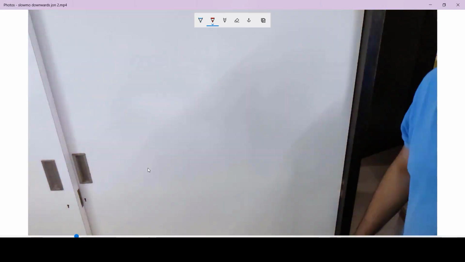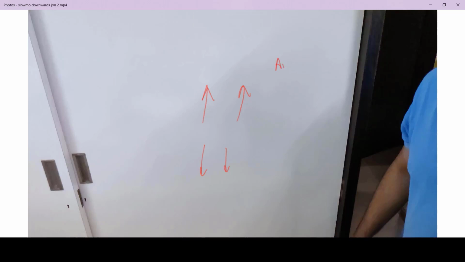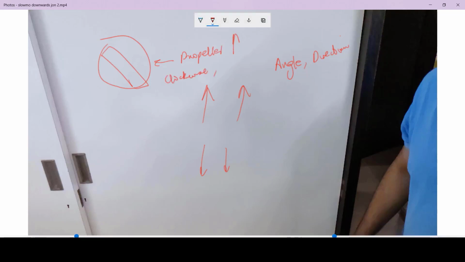So here the angle of attack plays a very big role in terms of whether this propeller will go upwards or downwards, and it is a combination of the angle of attack with the direction of rotation. So basically, if the angle of attack is in a particular direction, then you have to check whether this propeller will go up in a clockwise rotation or an anti-clockwise rotation.